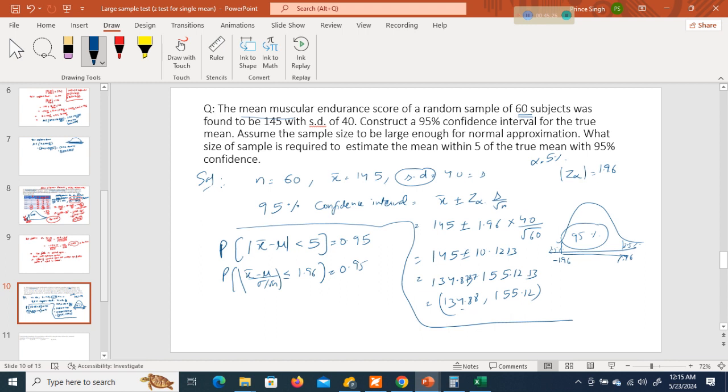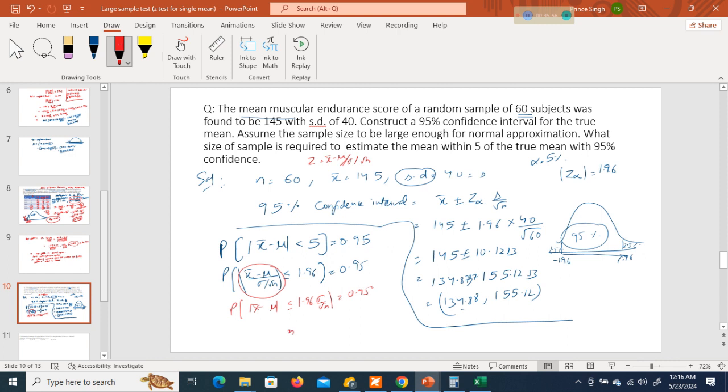So this is z. What is z? Z is x bar minus mu upon sigma upon square root of n. So from here I can take x bar minus mu on one side and 1.96 sigma upon square root of n on the other. Because the right hand side probability is the same, these two expressions should also be the same.